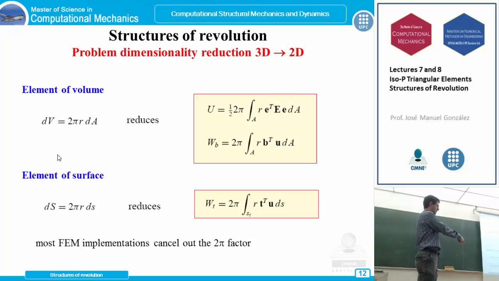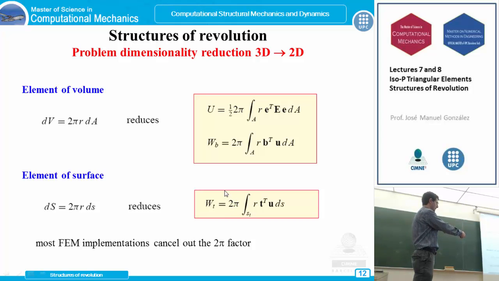So as it says here, the implementation usually banishes this 2π factor because it appears in all of the expressions involved in the total potential energy, less one particular case. Body forces involve a 2π factor in this dimensionality reduction. The boundary tractions, again, if they are in an axisymmetric distribution.